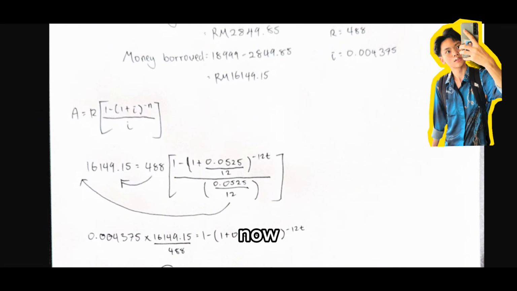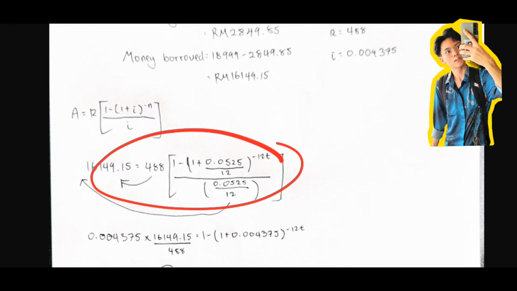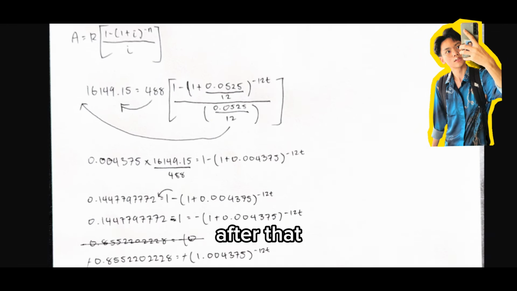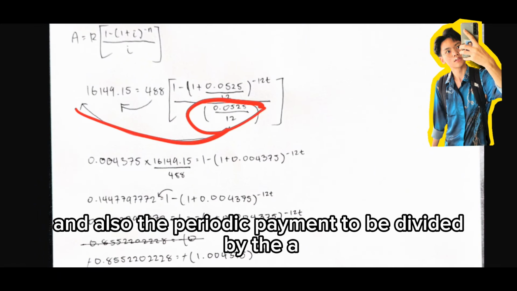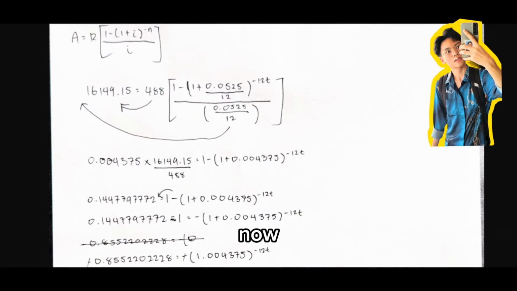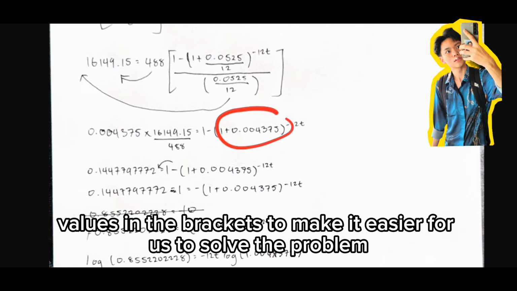Okay. Now we should substitute the values into the formula, which is written here, and after that we should isolate this bracket to here, and also the periodic payment to be divided by the A, the loan. Now calculate the values in the brackets to make it easier for us to solve the problem.